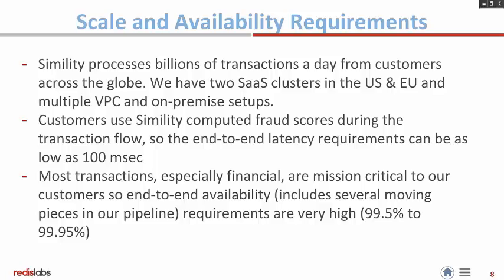We have a cluster in the US and one in the EU, specifically for the EU data protection criteria. So all our EU customers just touch our EU cluster in our SaaS platform, but we also have, like I mentioned, VPC and on-premise setups for various customers. So our scale is in billions a day. Actually, in some cases, for our on-premise setups, these can be much, much higher.